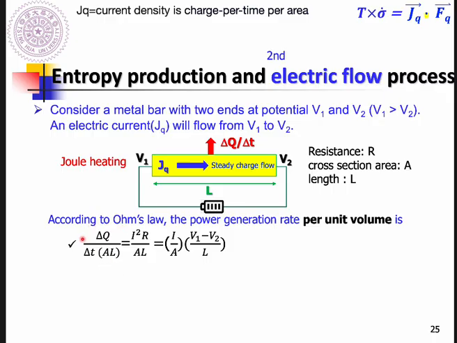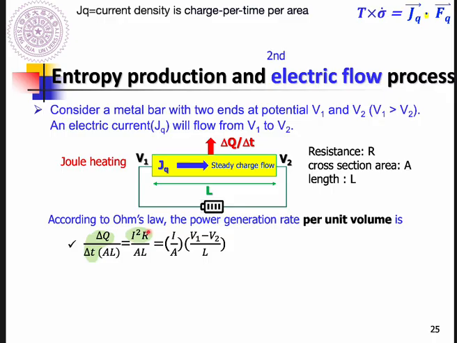So based on here, I know the heat generation rate equals I square R. It's like P equals I square R. So I have I square R here.